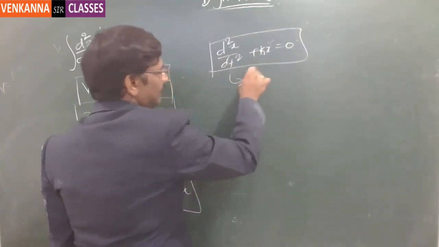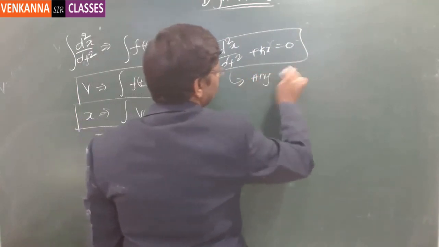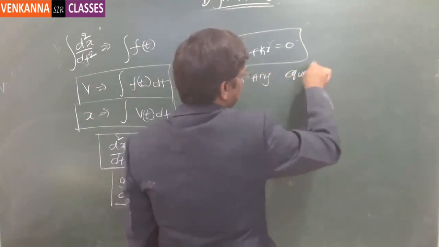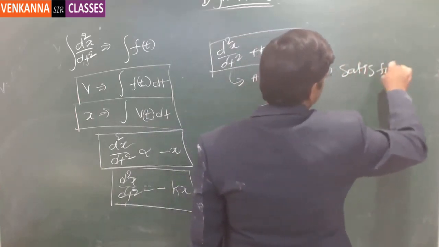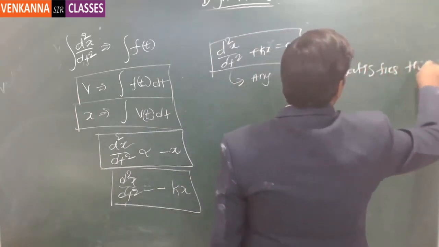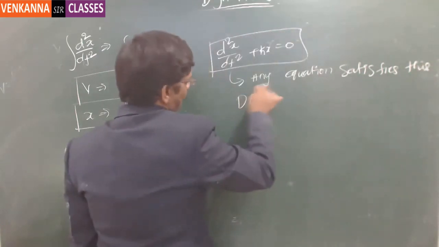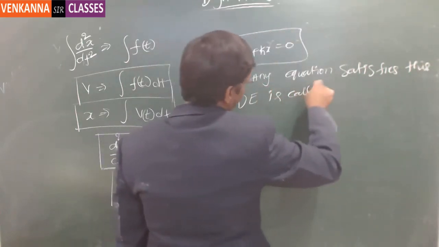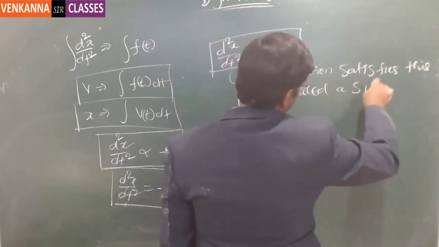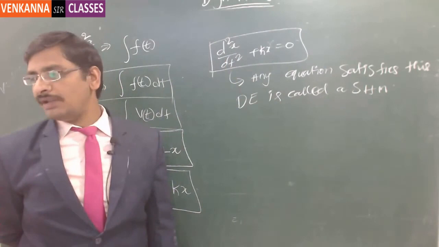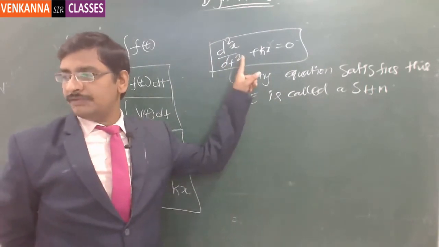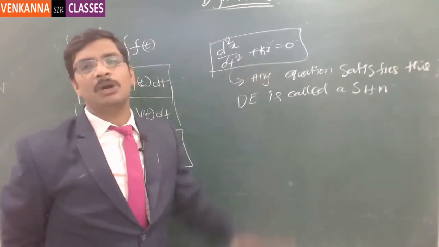Any equation that satisfies this differential equation is called a simple harmonic motion. So any particle which is traveling in a path which satisfies this differential equation is called a simple harmonic motion.